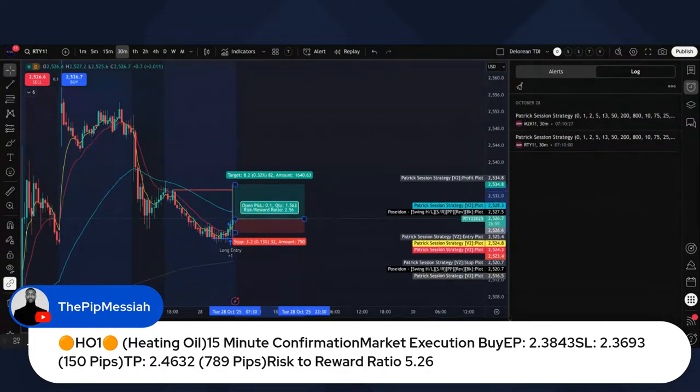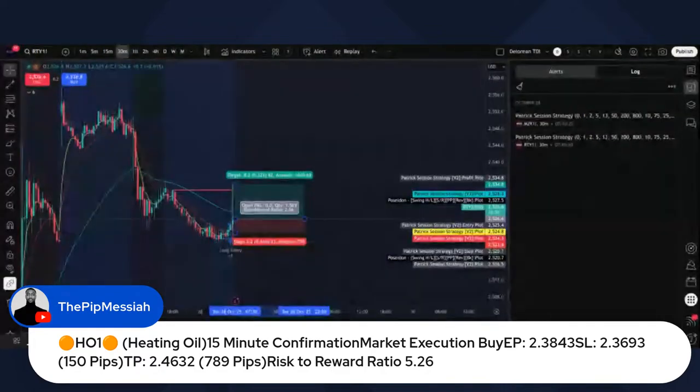Now, RT1, RTY1, if you're not familiar, is the Russell 2000. And we're going to enter that shortly. It's a lesser known U.S. stock exchange. Trades out of Chicago.